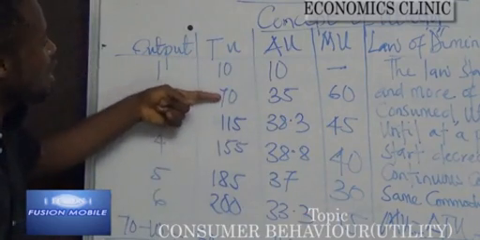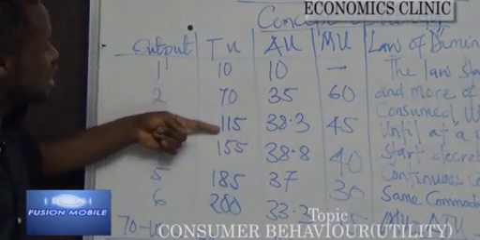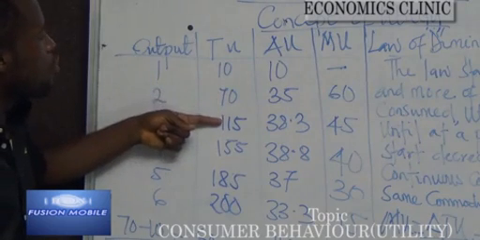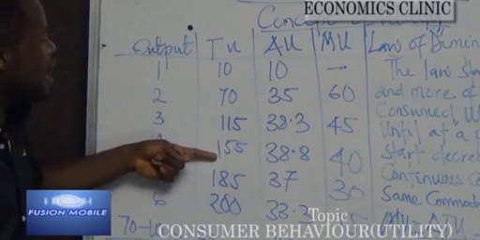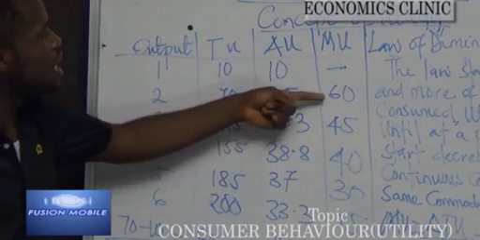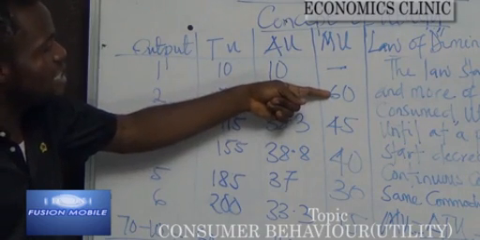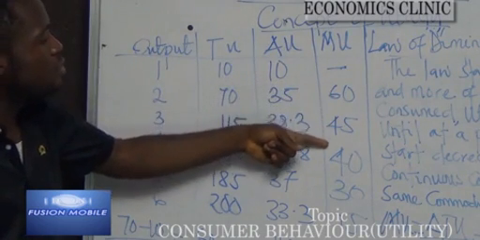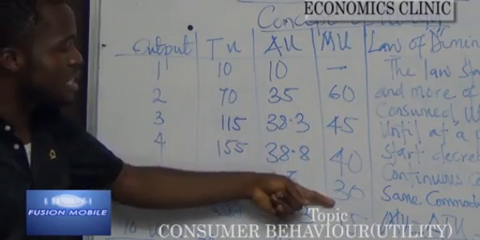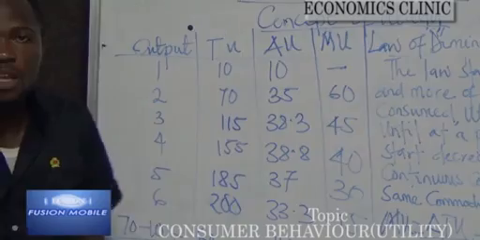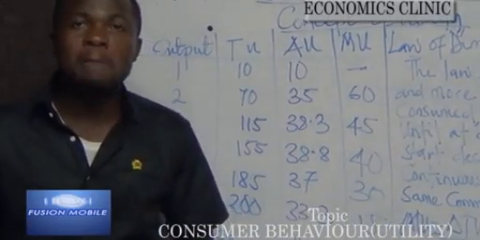This shows that as total utility increases from 70 to 115, to 155, to 185, marginal utility was at its peak at 60, then started decreasing to 45, to 40, to 30, and to 15. Now we move to utility maximization.